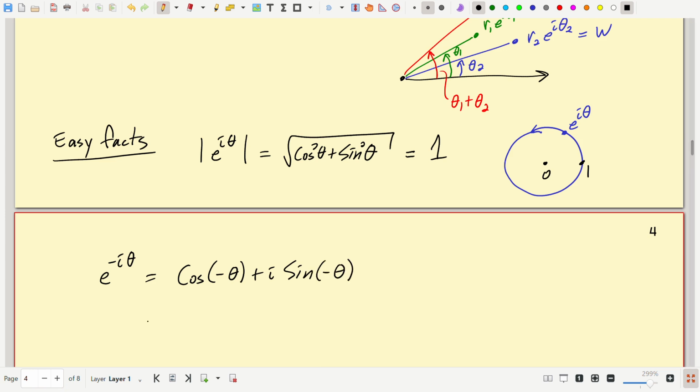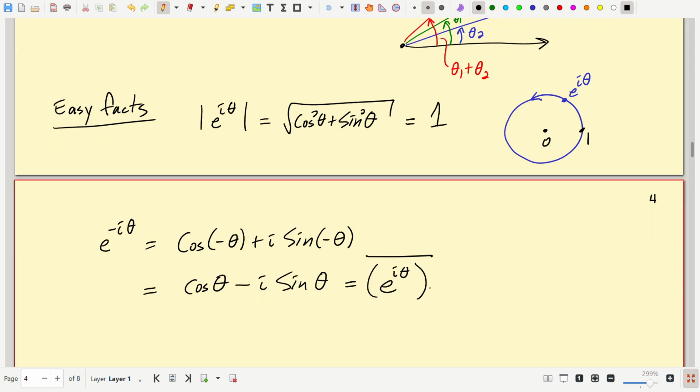Of course, cosine theta is an even function, and sine theta is an odd function, and that's equal to the conjugate, e to the i theta conjugate.